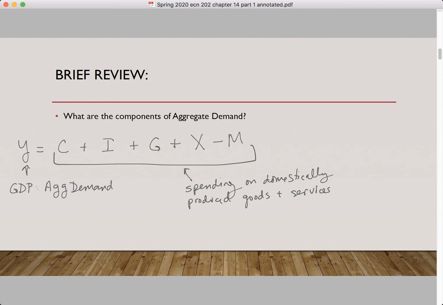So when we're thinking about the components of aggregate demand or expenditure, we're thinking about consumption by households, investment expenditure by firms, government expenditure on goods and services, exports, which is foreign expenditure on domestically produced goods and services, and then from all of this we subtract imports, which is domestic expenditure on foreign produced goods and services.